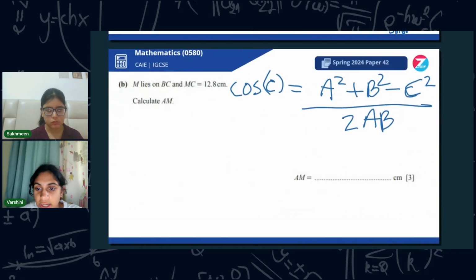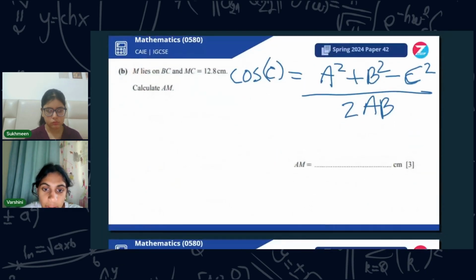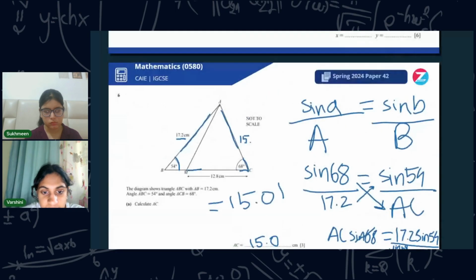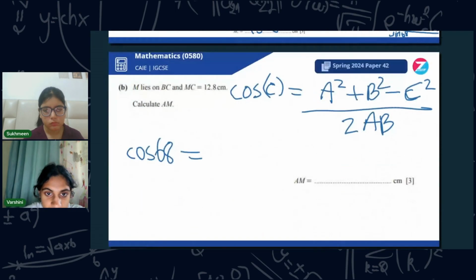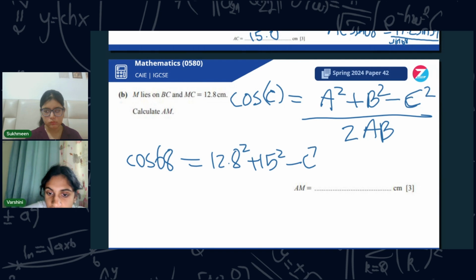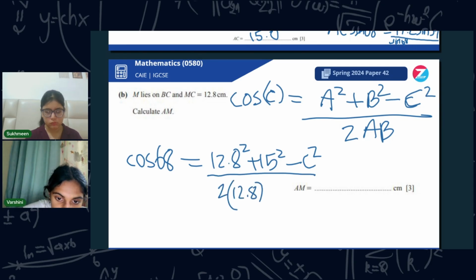So if we substitute everything into this formula, we'll get cos 68 equals a squared plus b squared, which will be 12.8 squared plus 15 squared, minus c squared. We're going to leave this as a variable because we don't know what it is yet. We need to calculate for this. And divided by 2 into 12.8 into 15.